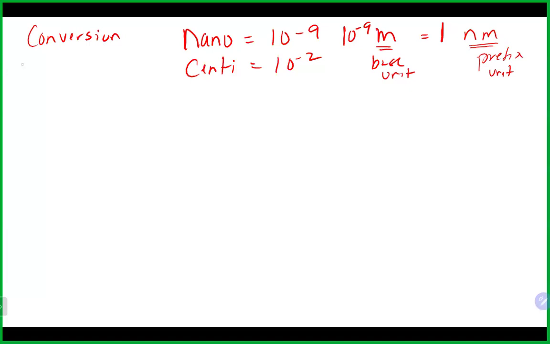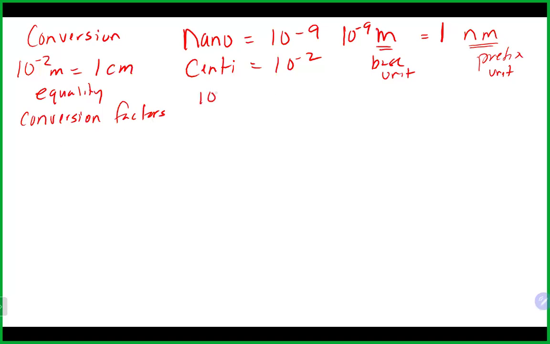And same thing here, if we were doing meters, 10 to the minus 2 meters equals 1 centimeter, one of the prefix units. That again is an equality. And remember that for any type of equality, we could write conversion factors for it, right? And conversion factors are just fractions.